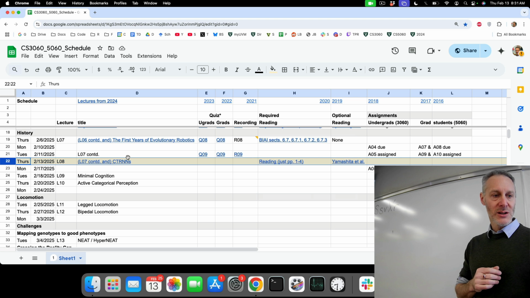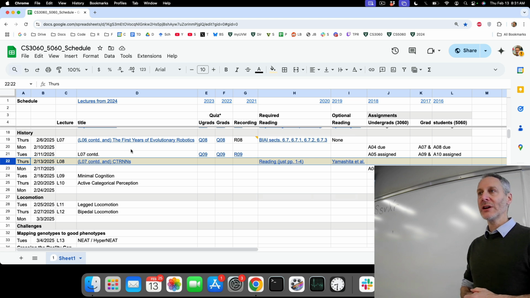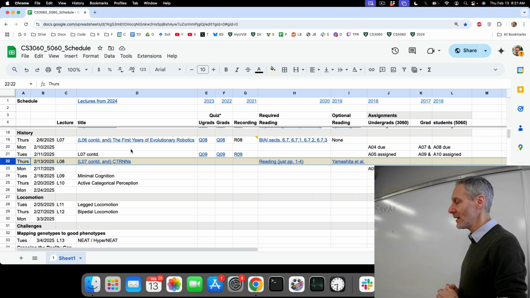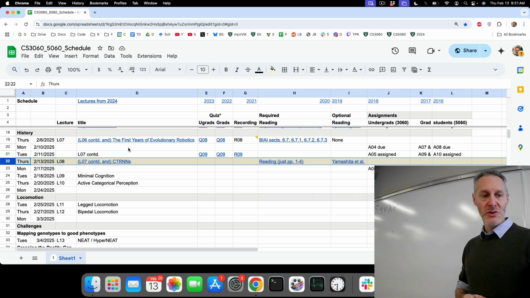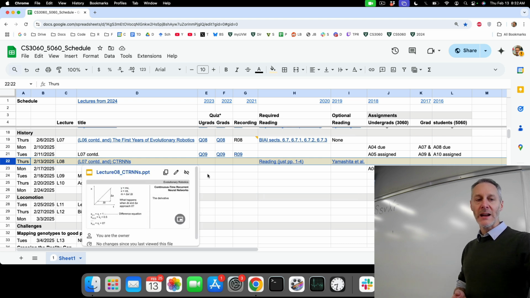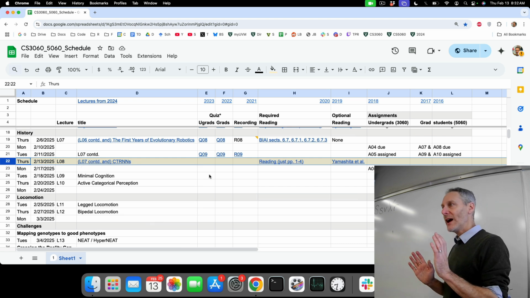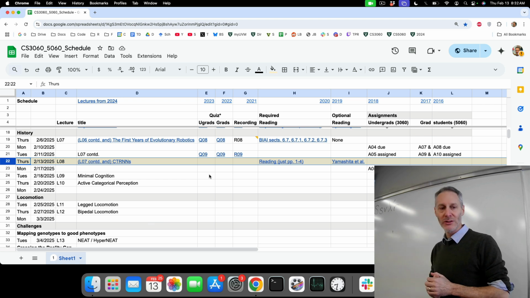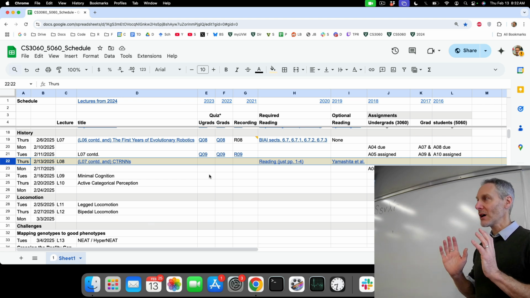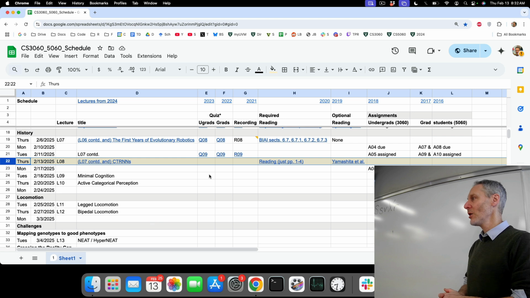And we're going to finish Lecture 7 today looking at the first 2 experiments of evolving robots that took place in Switzerland and England, respectively. And then we'll tackle Lecture 8, where we're going to take a bit of a digression and look at a particular type of neural network known as a CTRNN, and we'll talk about what CTRNNs are in a moment.